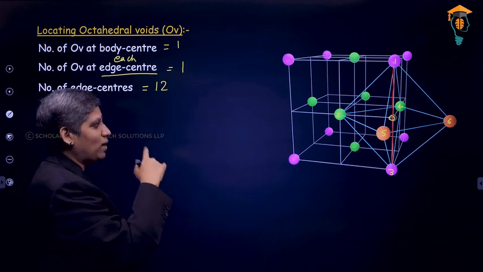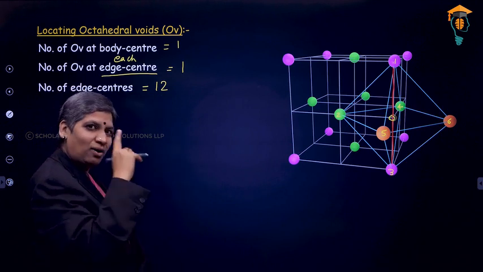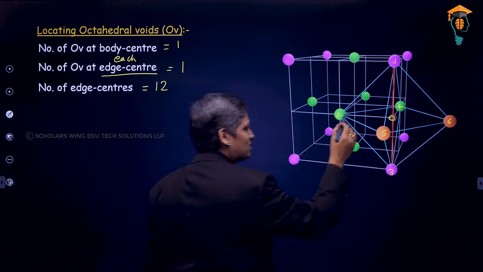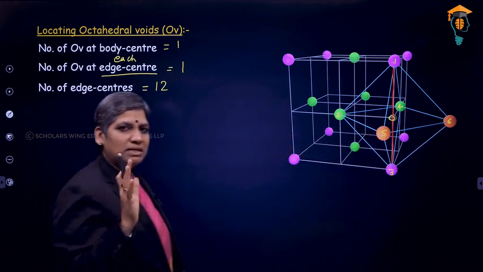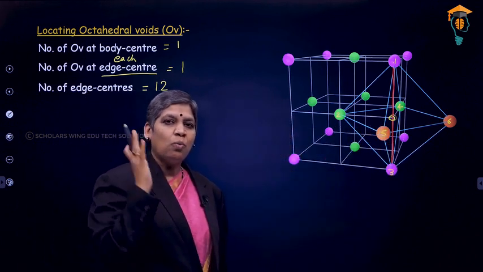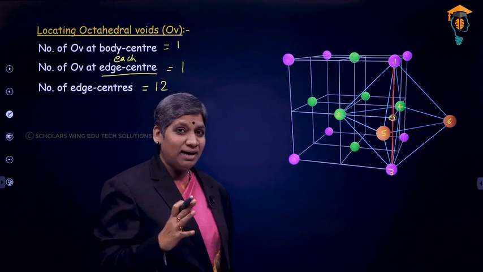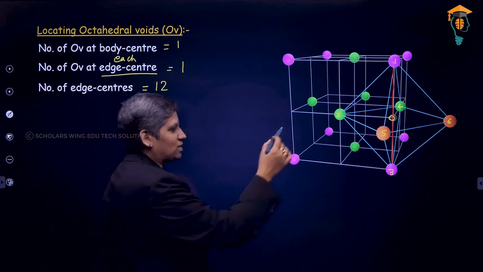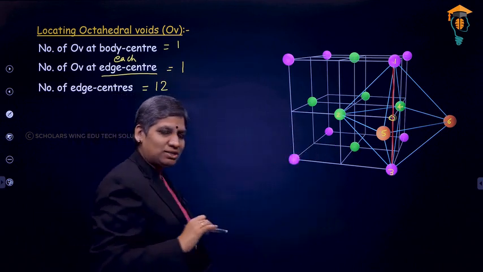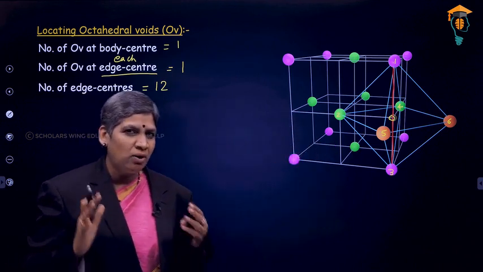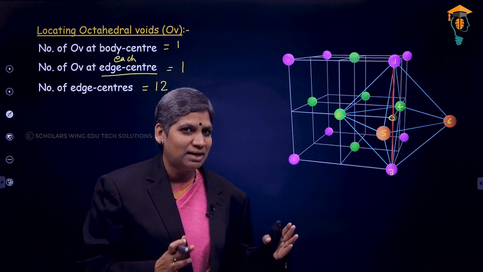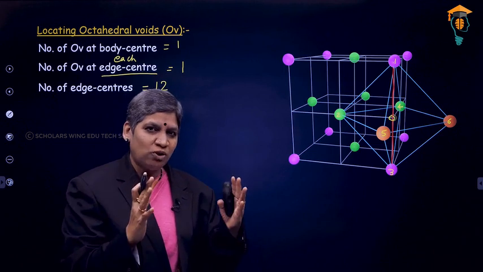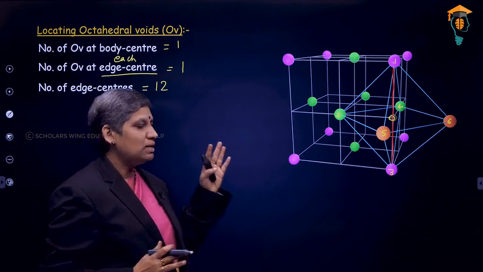Therefore, there was one octahedral void also around that body center. But here, this edge center, okay, does not completely belong to one unit cell. It is shared by the other adjacent unit cells. Therefore, the octahedral void around that edge center does not belong completely to one unit cell. Please remember this. Only a portion of it or a fraction of it alone belongs to this unit cell.